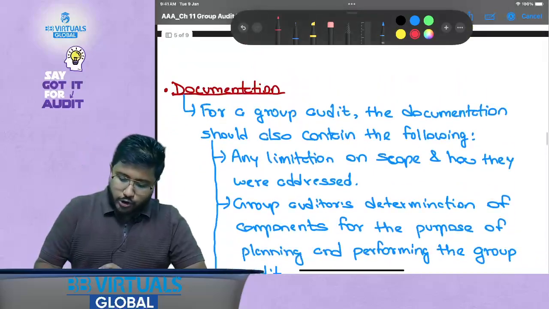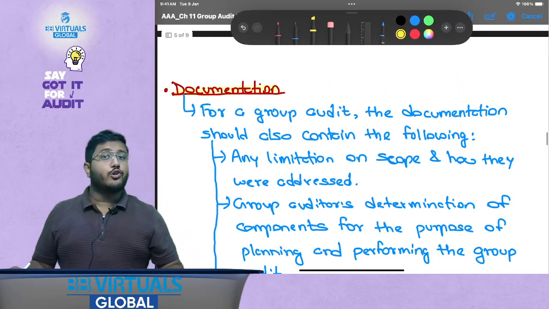Yes. Now documentation. Let's talk about the documentation part. What kind of documentation needs to be maintained?